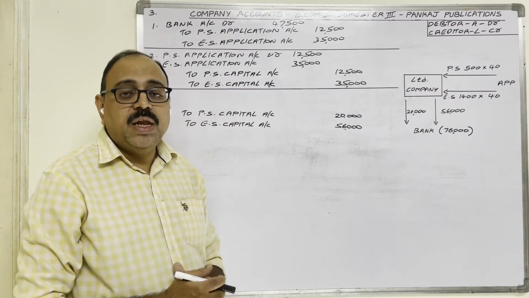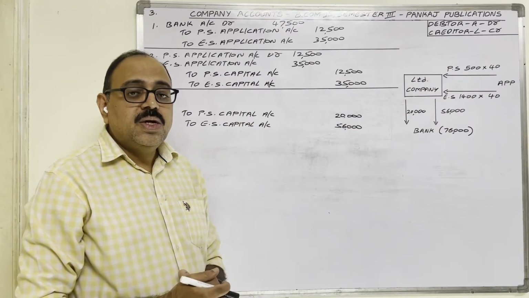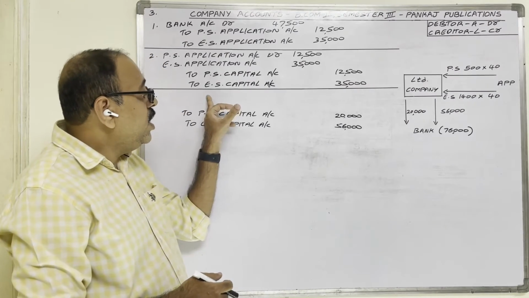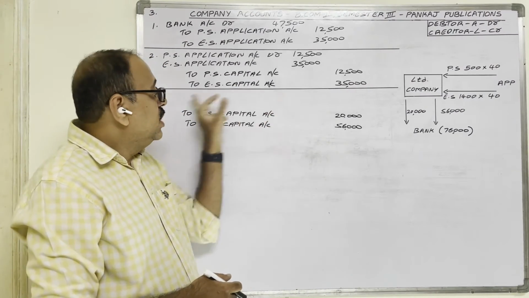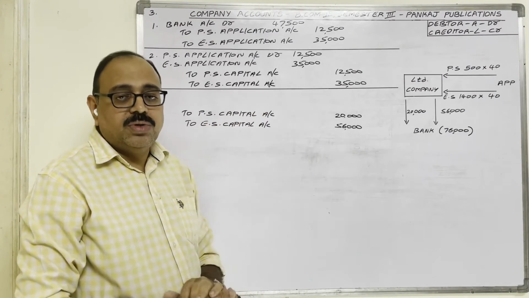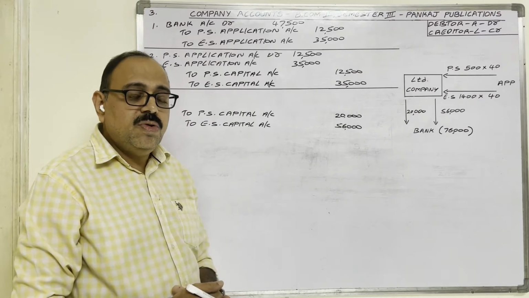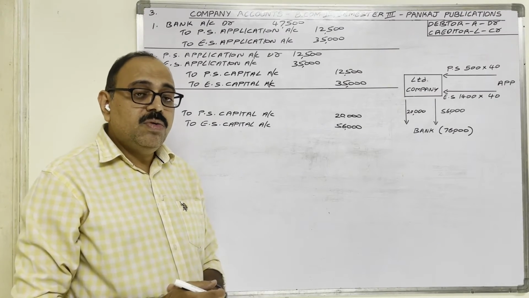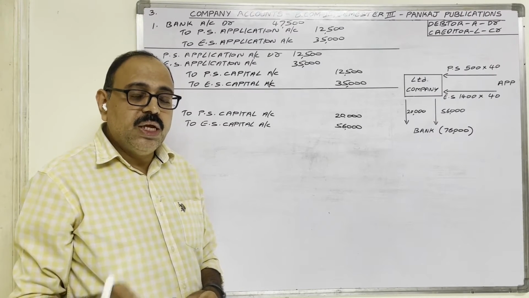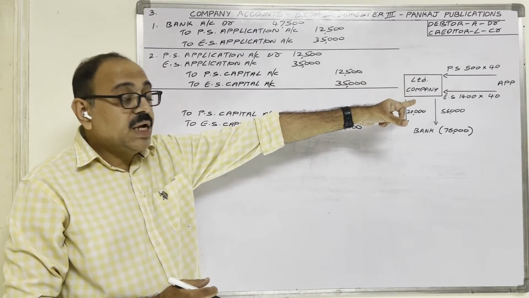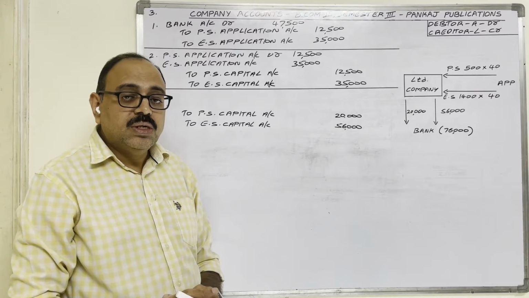But applicants are many, and their names we cannot write. So instead of writing their names, we write preference share allotment account and equity share allotment account, like equity share application account and preference share application account. These two accounts are also personal accounts, because in place of applicants' names we are writing these accounts.